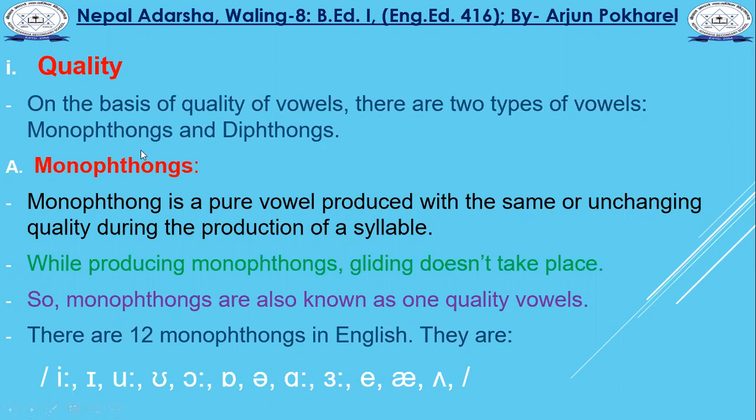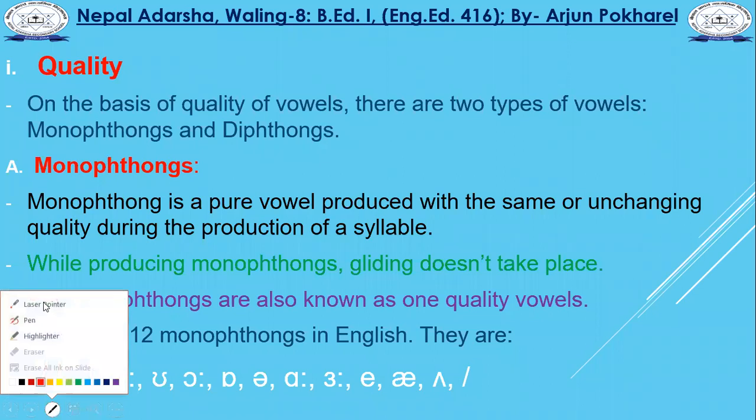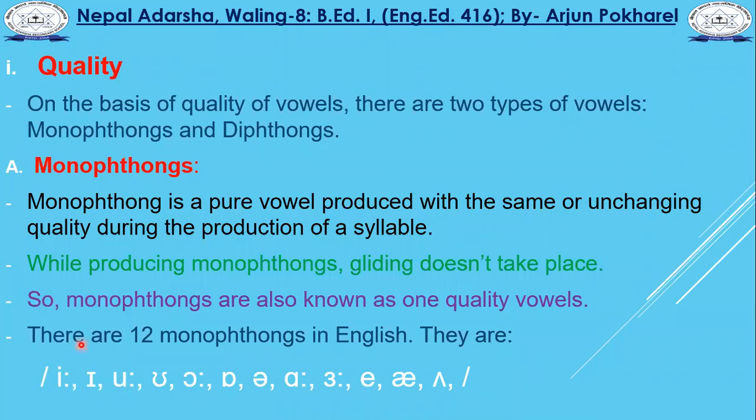These are the different monophthongs. This is long E, this is short E, this is long U, this is short U. This is long O, this is short O, and this is the shortest R. This is the long R. R is always long in English.